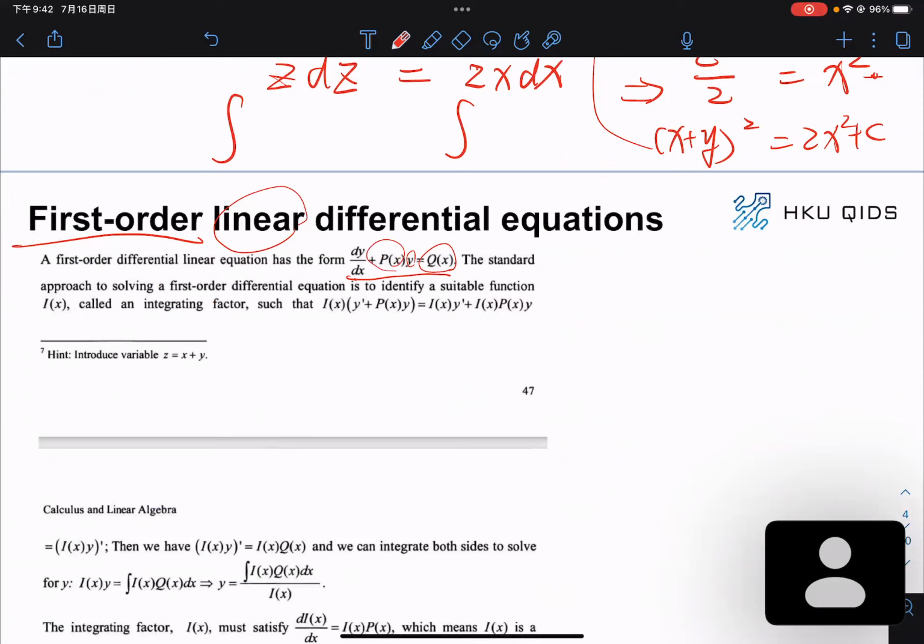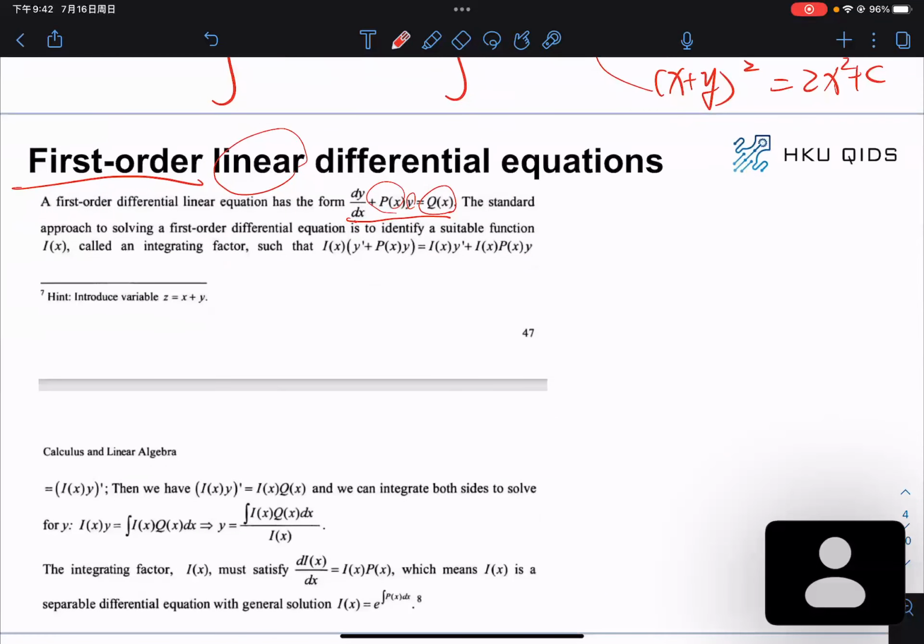And so the standard approach to solving this kind of equation is trying to convert it back into a separable differential equation. And how can we do that? Let's go through this. We can have some kind of suitable function I(x), which is called the integrating factor. So once we have this integrating factor, we can multiply the original equation by it. And this factor must satisfy that once it is multiplied into this equation, the left-hand side will be rewritten as some kind of new function I(x)y.